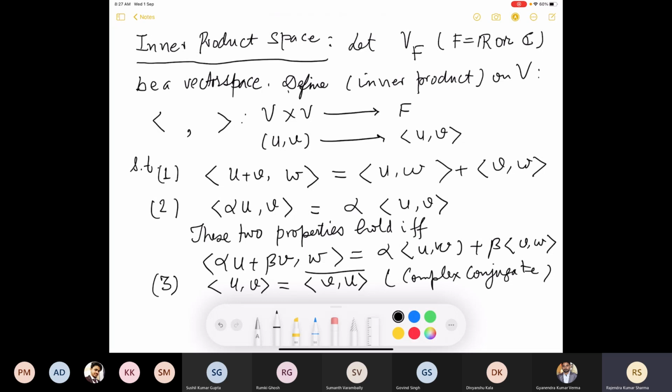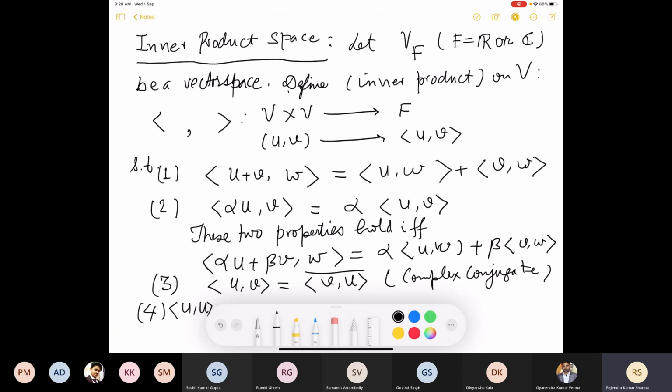And one more thing that you can see here is the positivity. As we had seen, the modulus or length or the absolute value of the vector, which we defined as the square root of the dot product. So here we see that if we have u comma u, then this u comma u is always real, that we can see.